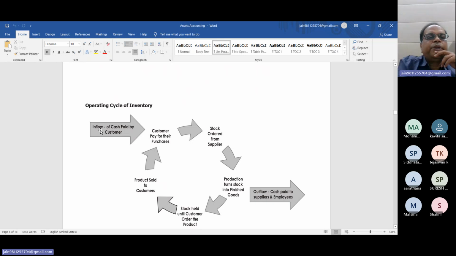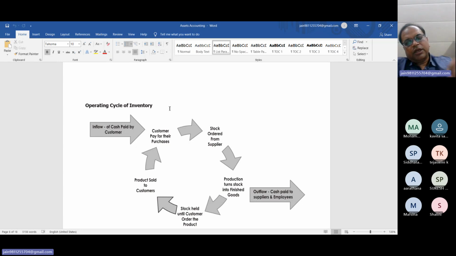Now this is the operating cycle of inventory. We have discussed the working capital cycle in one of the chapters, so the working capital cycle and the inventory cycle are more or less the same. First, we purchase the raw material from the party, so a creditor is generated.